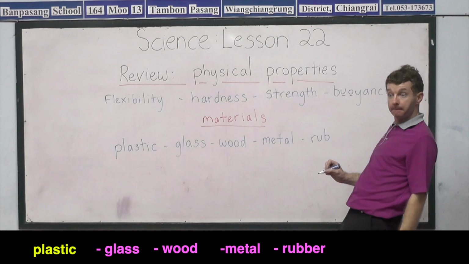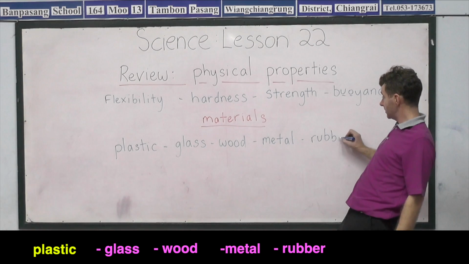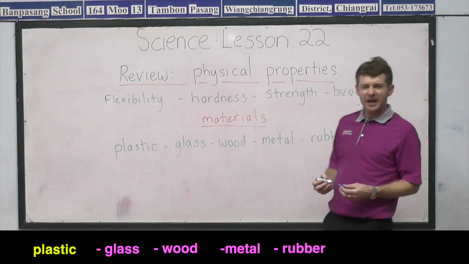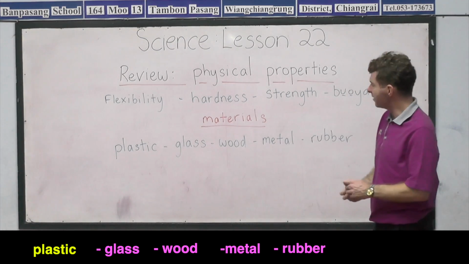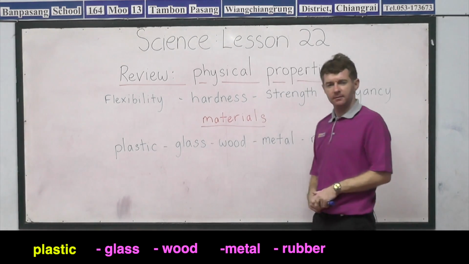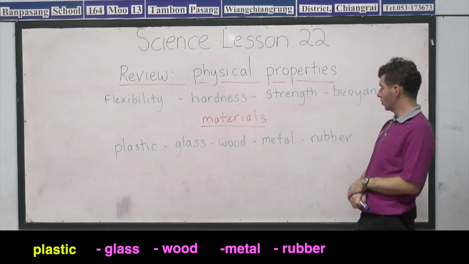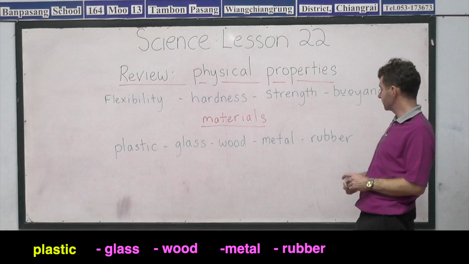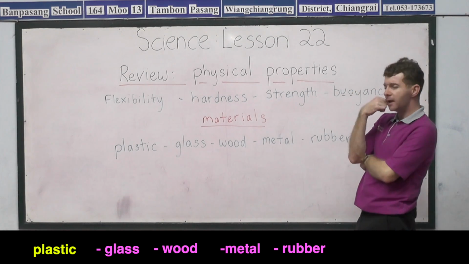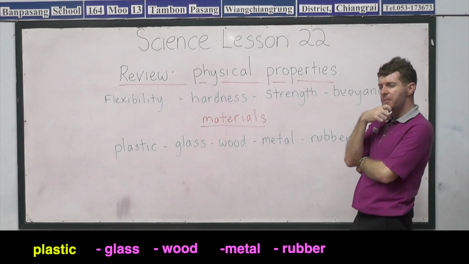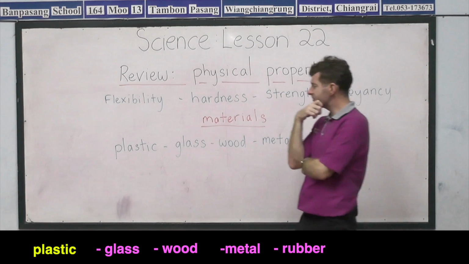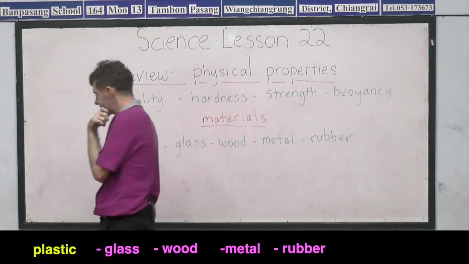R-U-B-B-E-R. Is that it? How many? Any more? We have plastic. Glass. Wood. Metal. Rubber. Any more materials? Can we remember any from the PowerPoints? Any that we can think of?